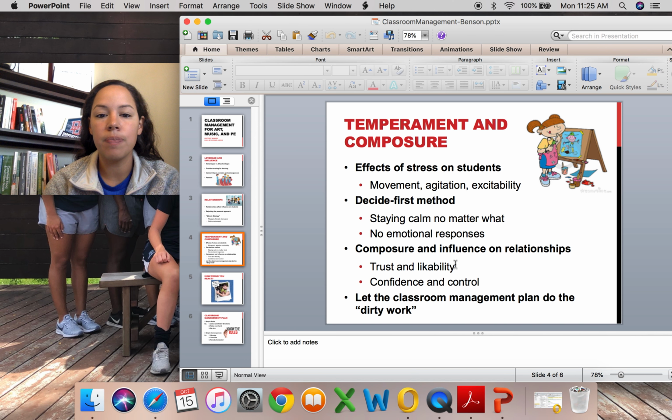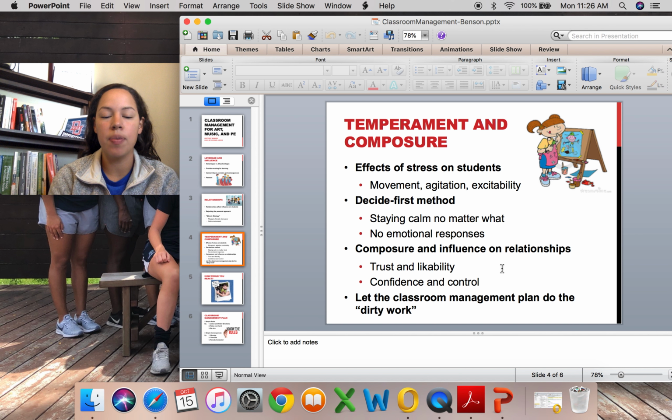So if a teacher can really stay even keel and not give out those emotional responses, students are going to like you more and they're going to have confidence in you, and you are actually going to have the control of the classroom because you know that no matter what happens, you are going to have your classroom management plan and you don't have to get angry and upset over what occurs.